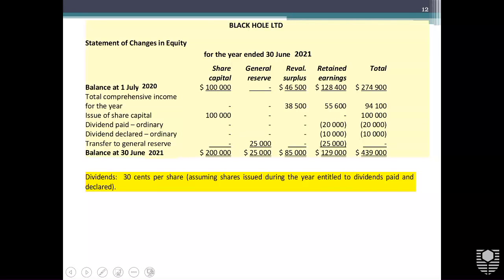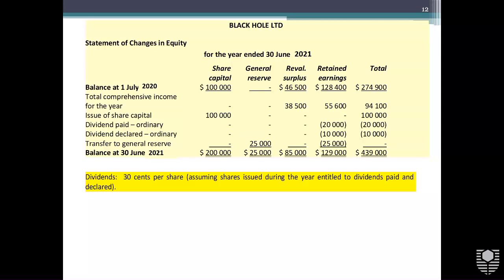We know that we have got an adjustment from our profit and loss for our other comprehensive income, a net amount of 38,500. So that's our revaluation of our land and buildings minus tax. We know what the net of tax amount is for our other comprehensive income. Therefore, our opening balance must have been 46,500.